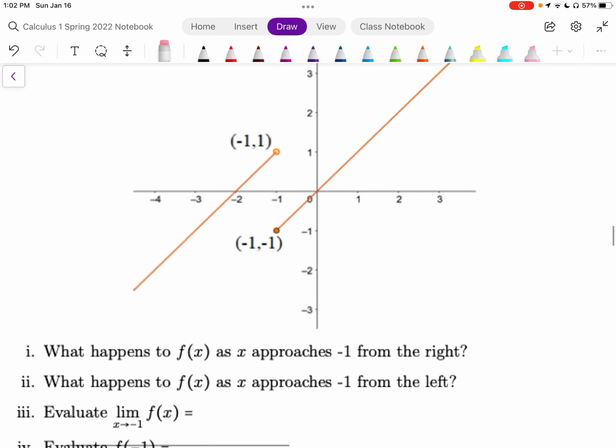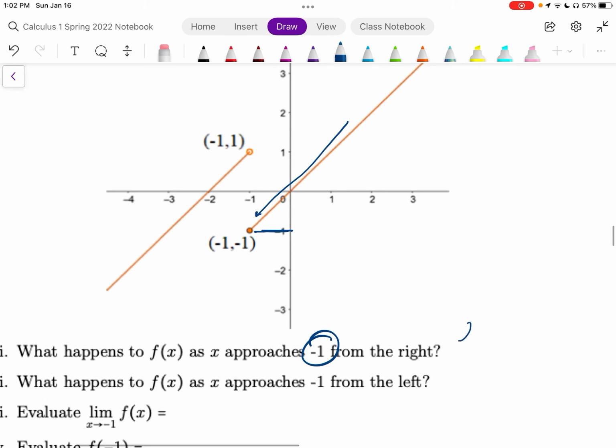So what happens to f of x as x approaches from the right? So I'm coming in from the right. I'm an ant on the line coming from the right towards approaching -1. So that's what I'm trying to approach. Okay, so I'm getting closer and closer to -1. What is it getting closer to? Well, the y value is getting closer to -1.